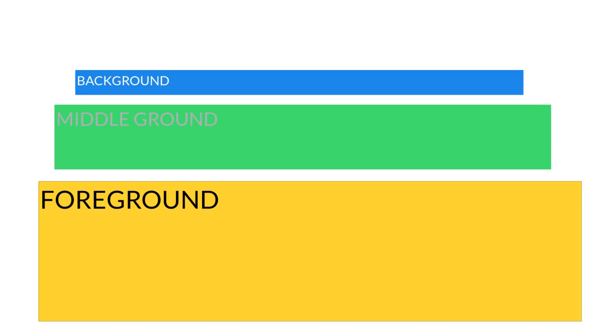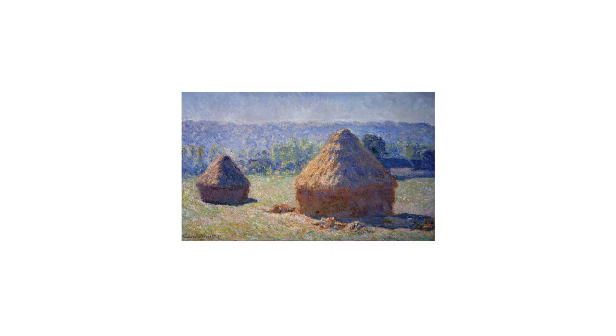Let's look at a painting. So in this painting by Claude Monet, the haystacks here are in the foreground. Let me show that here. As you can see, these appear bigger than the objects in the middle or the background.